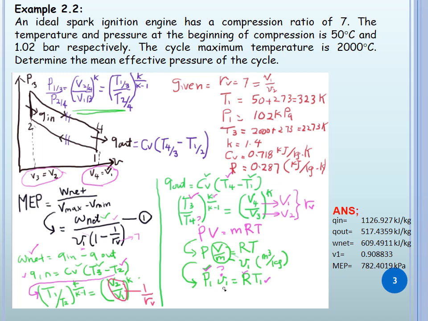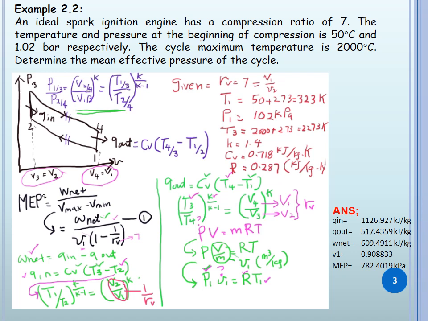So obviously we can find the specific volume, and then we substitute the answer into equation number 1, and we can determine the mean effective pressure for this example. Can you get it? Now you can see the answer at the bottom of the slide.